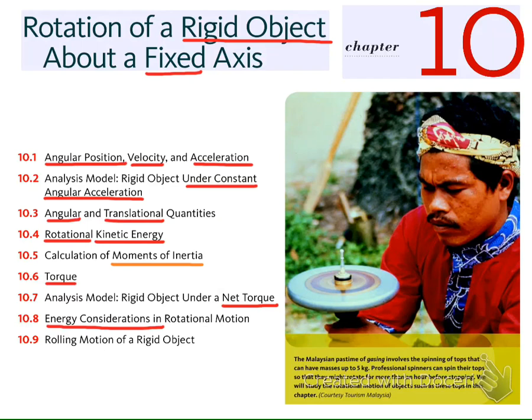So the combined motion is the rolling motion. And we can use the concept of the rotation of the rigid object to describe this kind of motion, and together with the concept of the rotational energy, we can analyze this motion like we solve the problem of the linear motion of the particle.